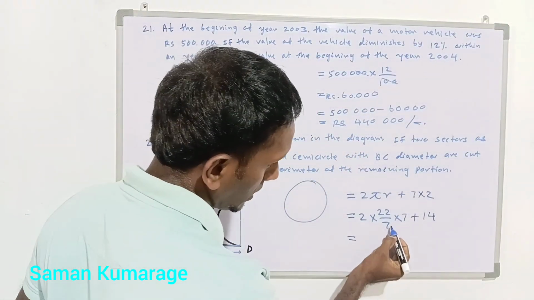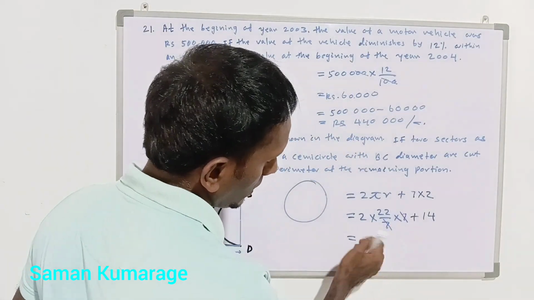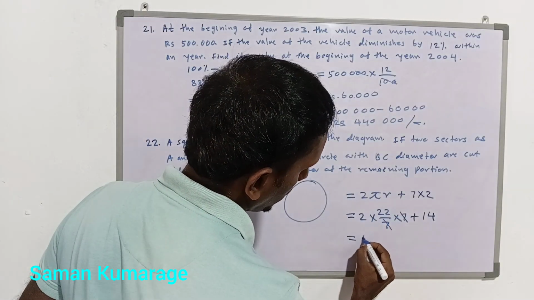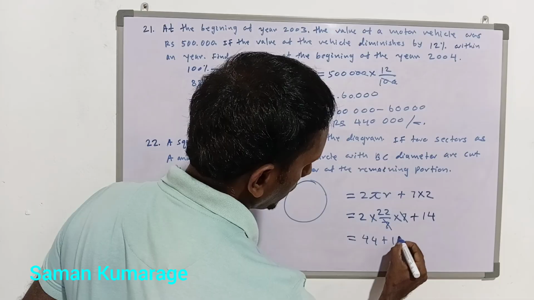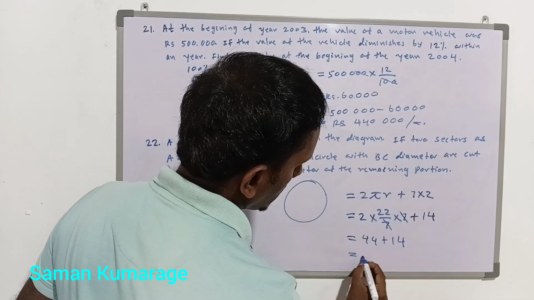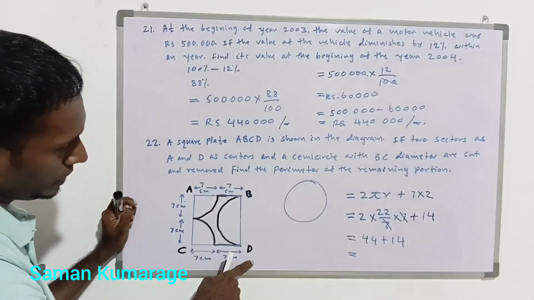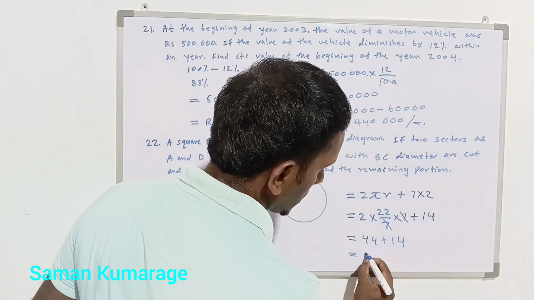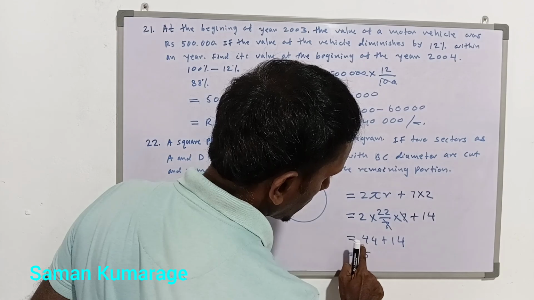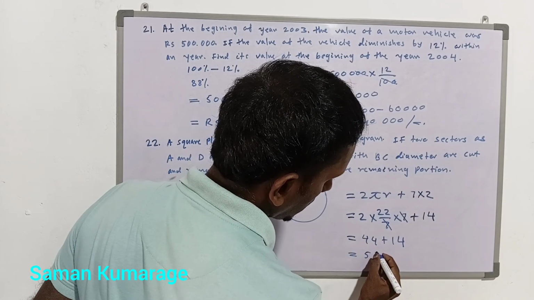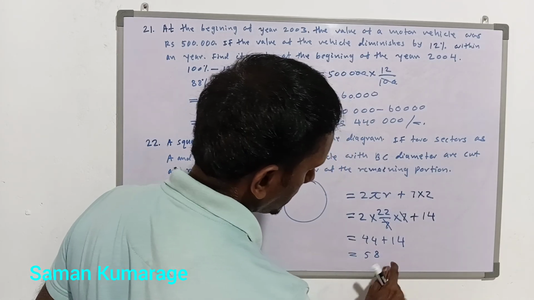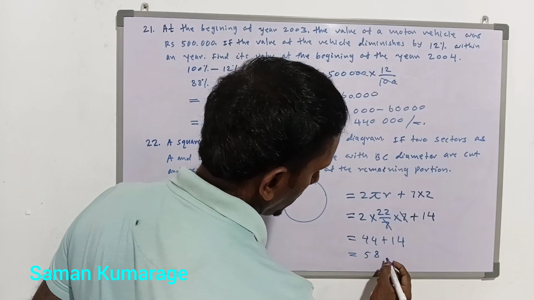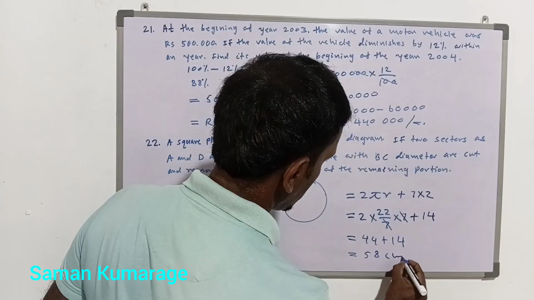We can cancel out this 7 for this 7. Here we get 44 plus 14. The total perimeter of the remaining portion is 58 centimeter.